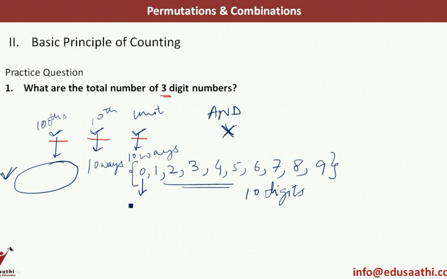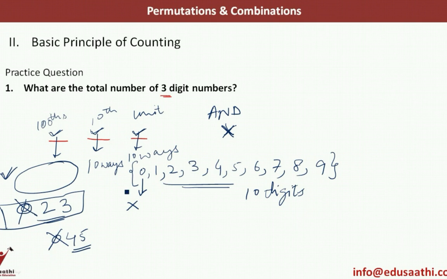Because if I write 0 in the hundreds place and any number on the tens place and the units place, I will have a 2-digit number. 023 is just the number 23. 045 is just 45. So in the hundreds place I can never have 0.